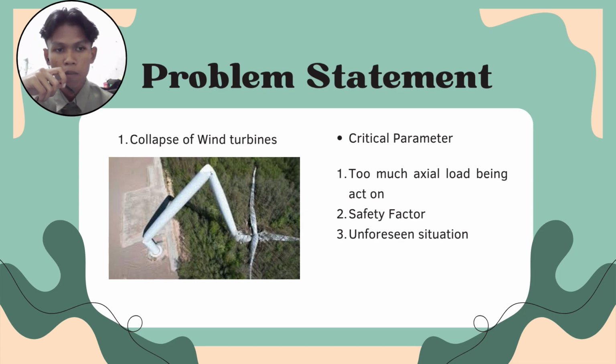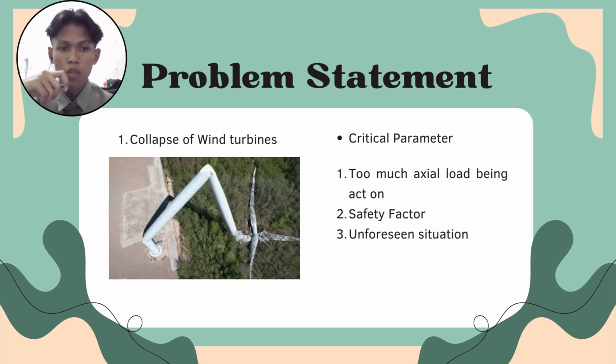So the critical parameter is that it has too much axial load or force, which makes the safety factor unable to function efficiently, or maybe the safety factor is not enough to contain the axial load.